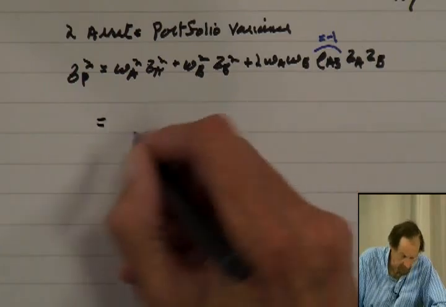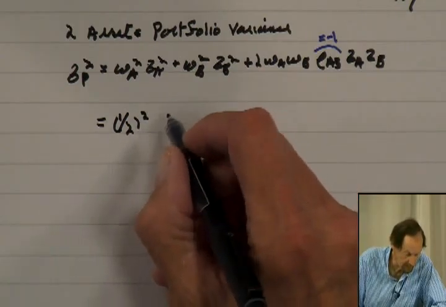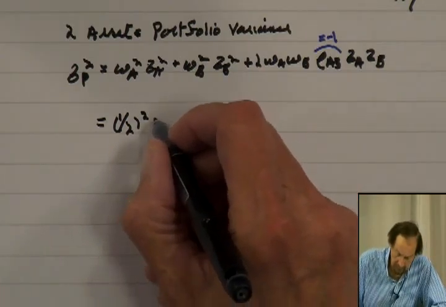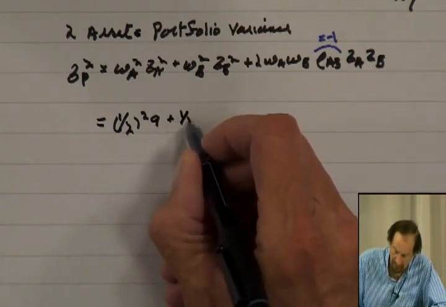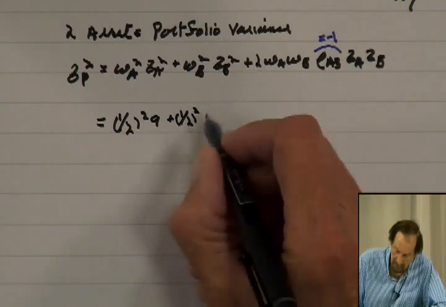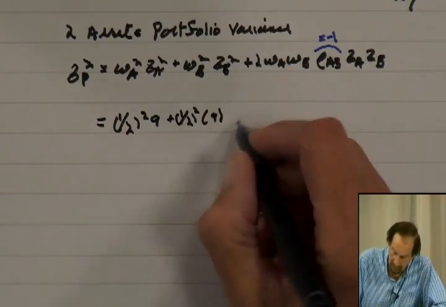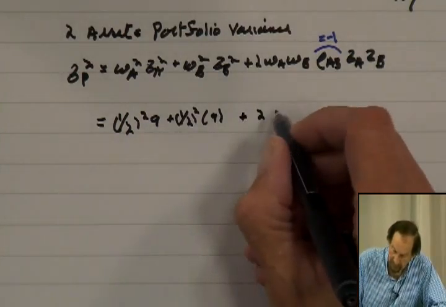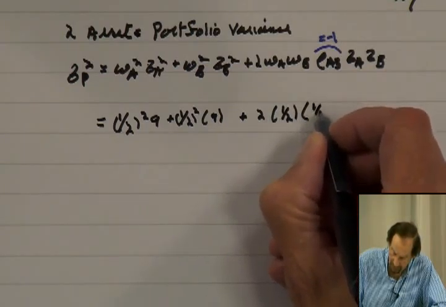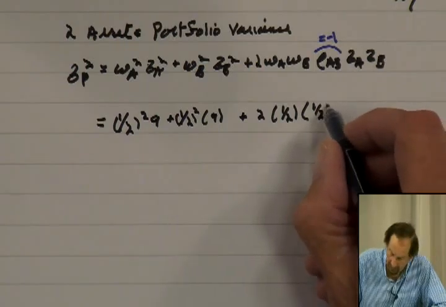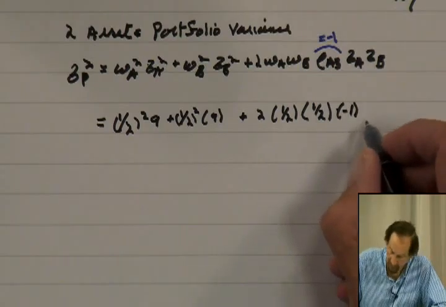Okay, so let's calculate this. This equals 1/2 squared times sigma A squared, which is 9, plus 1/2 squared times 9 again, sigma B squared, plus 2 times 1/2 WA times 1/2 WB times -1 rho AB times 3 times 3.